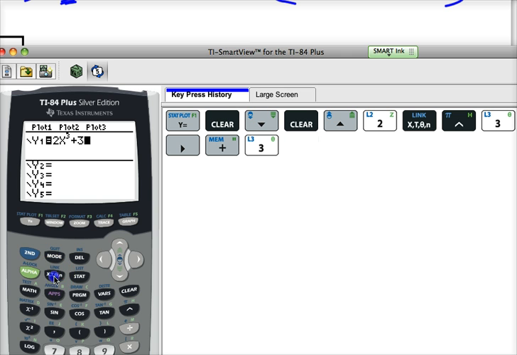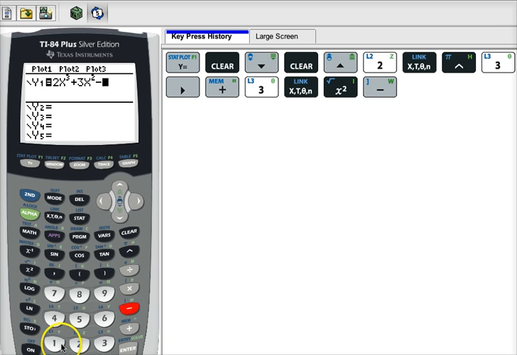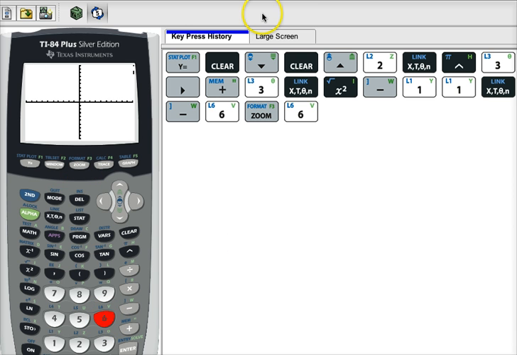I'm going to zoom 6 this so I get my standard window.